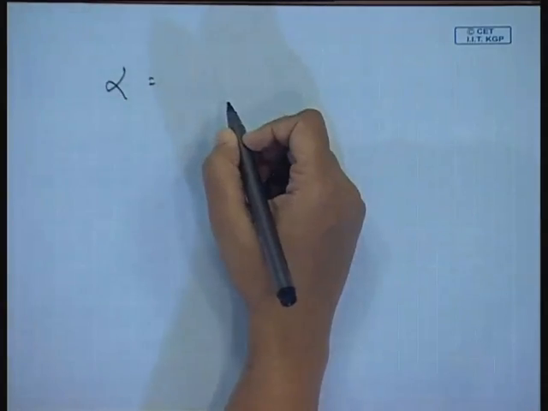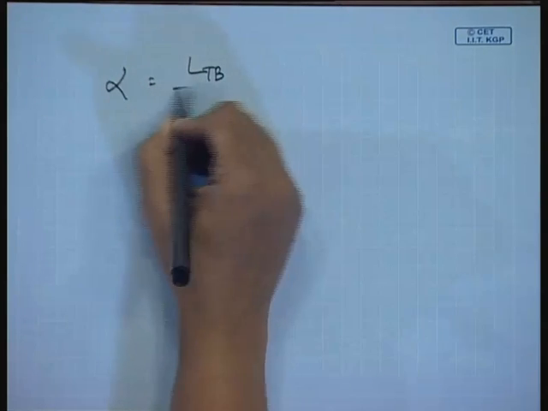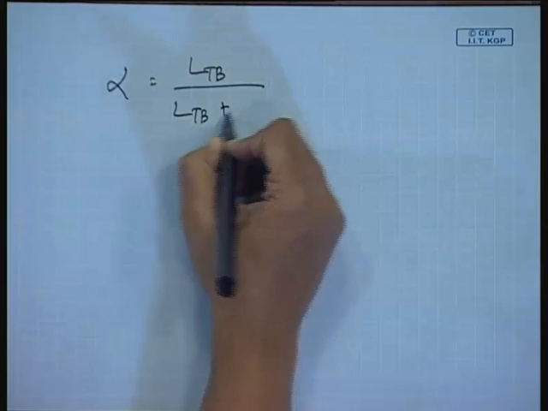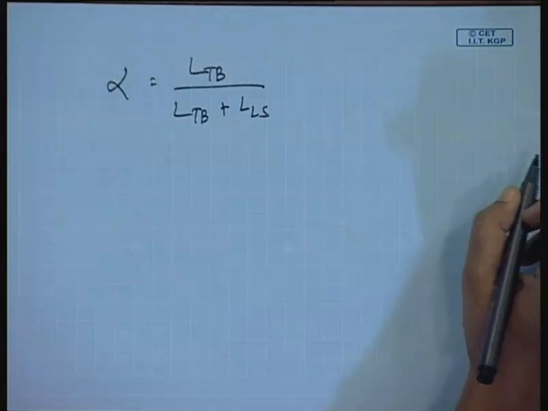So, therefore, normally what do we do? Normally how do we calculate alpha? We assume that more or less the Taylor bubble occupies the entire cross section. Alpha is calculated by the relative lengths which have been occupied by the Taylor bubble and the liquid slug region. Now, can we do this?